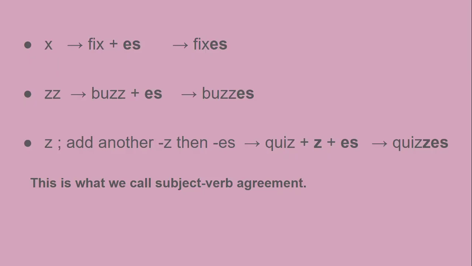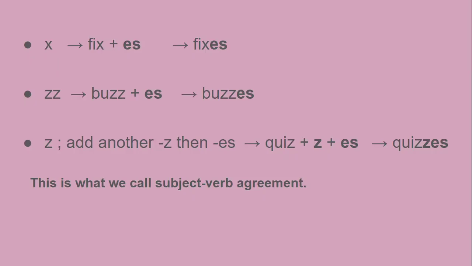Remember, for you to add that es at the end of the verb, your verb has to have certain characteristics. And those characteristics are that they need to end with certain letters. Like we saw above, they need to end with ch, sh, zz, x, z, consonant plus o. Okay?